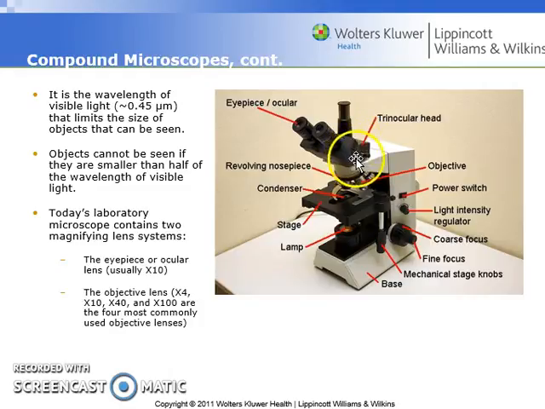There are lenses in here that are referred to as the body tube. Then that light is going to pass through the oculars and go into your eyes, and essentially display to your eyes an image of the specimen that you're viewing underneath the microscope.